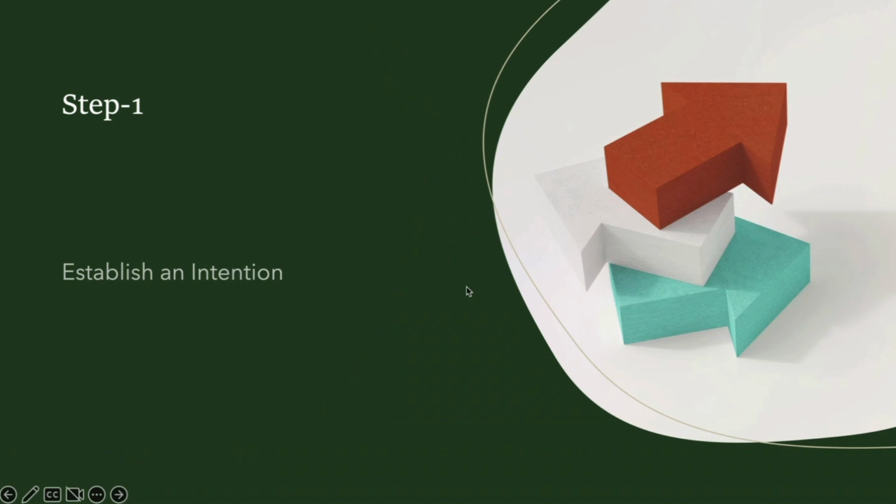So, first and foremost, step one, that is to establish an intention. Obviously, you need to have a basic purpose prior to carrying out your research. You need to have the goal, you need to have a vision. What is going to be the outcome of your entire research?